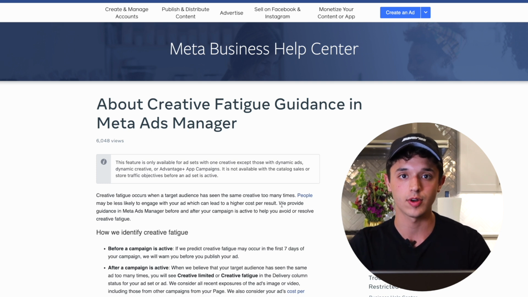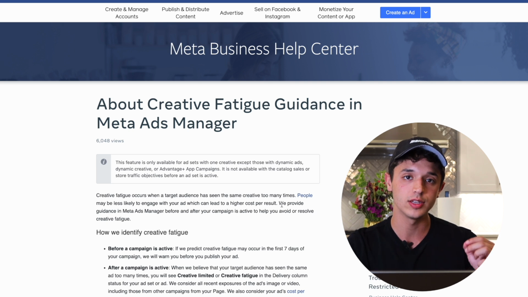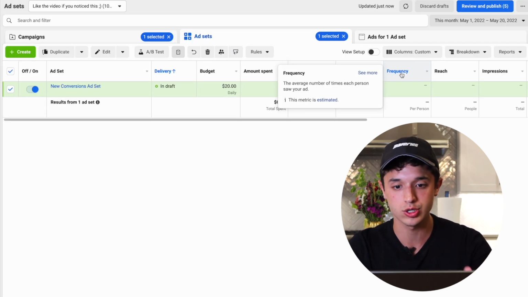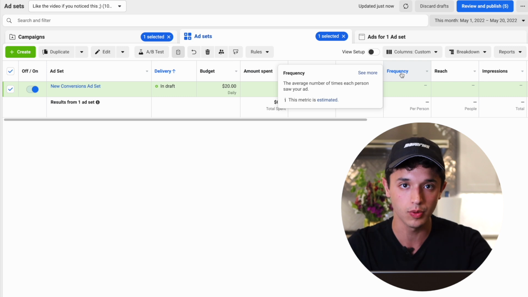But what you can do inside of your ads manager to keep an eye on how many times people are seeing your ads is by using the column called frequency. So frequency is essentially just the average number of times each person saw your ad. So with cold traffic, you want to have typically under a 1.1 frequency, so you're targeting fresh new people.